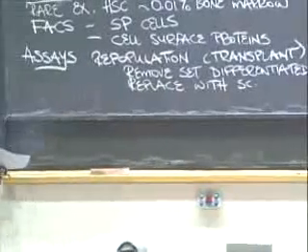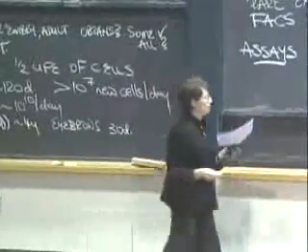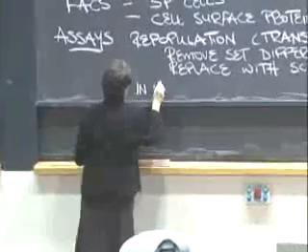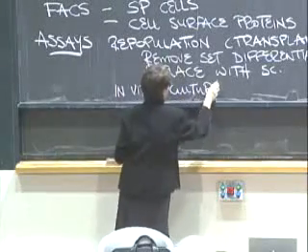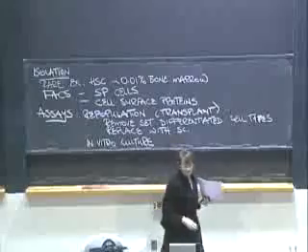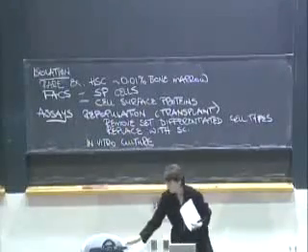And the other way you can do this is in some kind of in vitro culture assay, which I will talk about later on. All right, so with this in mind, let's go through some of the slides.